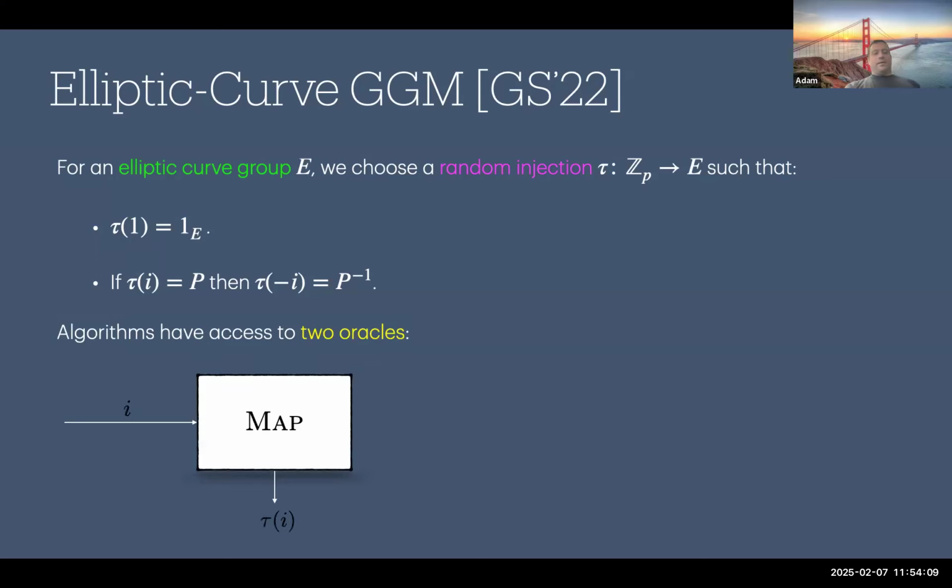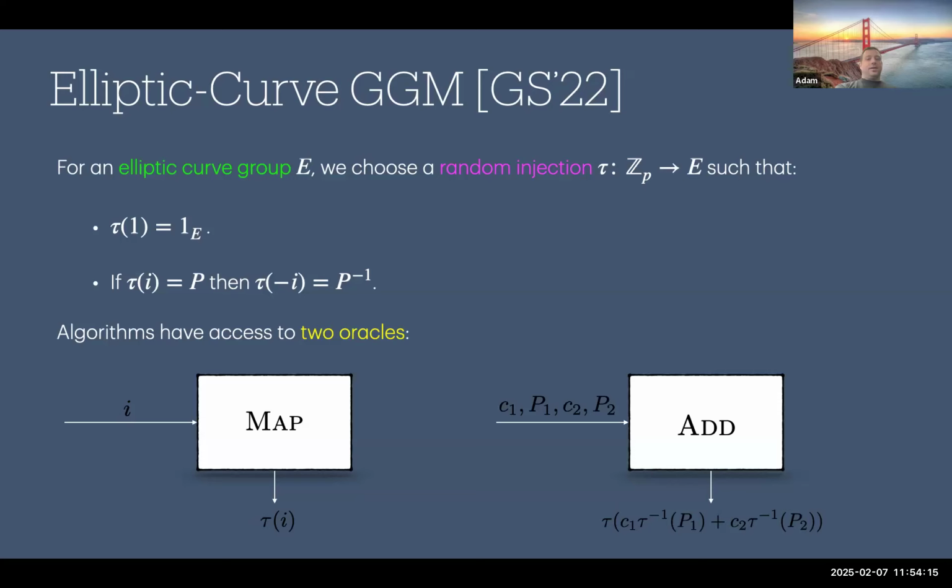Algorithms have access to two oracles. One is that given i, you can get tau of i. And then there's an addition oracle that will take the addition of two points for you, because you can't compute it yourself, since these are just random elliptic curve points that don't correspond to the group operation. The oracle implements the group operation for you.